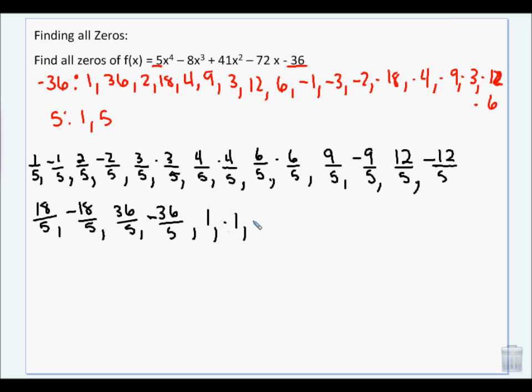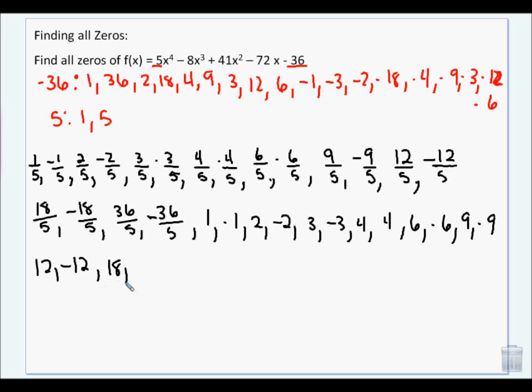And 1 and negative 1 and 2 and negative 2 and 3 and negative 3 and 4 and negative 4 and 6 and negative 6, 9, negative 9, 12, negative 12, 18, negative 18, 36, and negative 36. These are all the possible zeros.